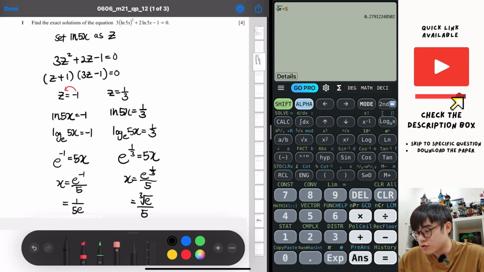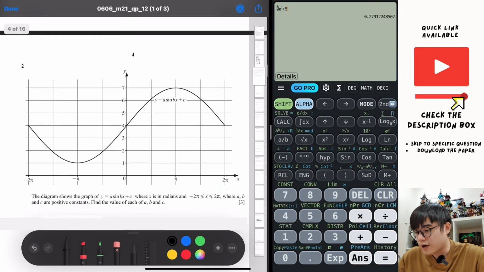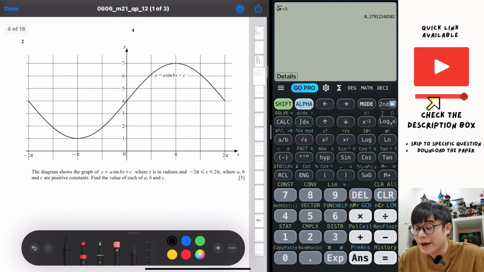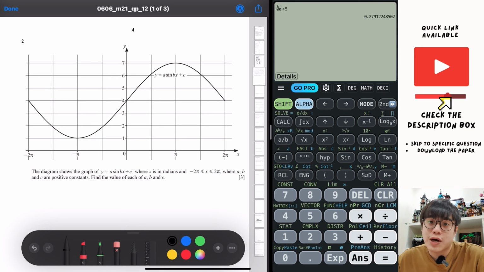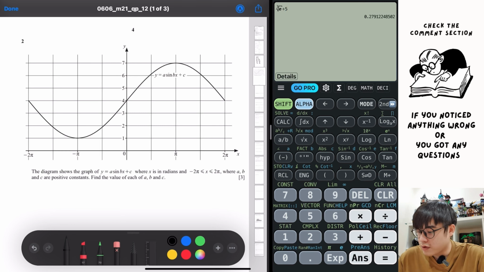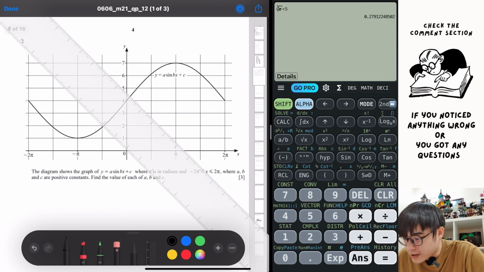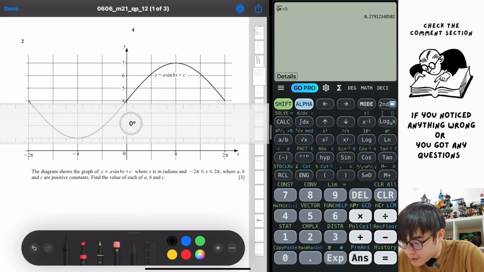So moving on to question 2, here you were given a graph and they are looking for your A, B and C's value. The first thing I would normally do for this type of question is to identify the middle line's value. If you look at it, the center line is somewhere around here.